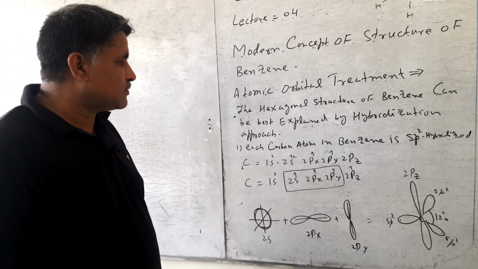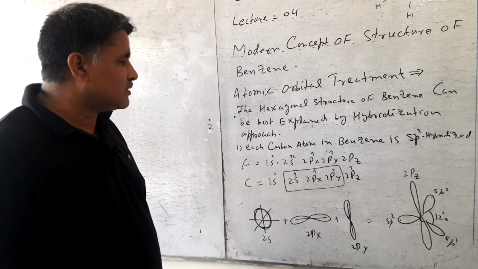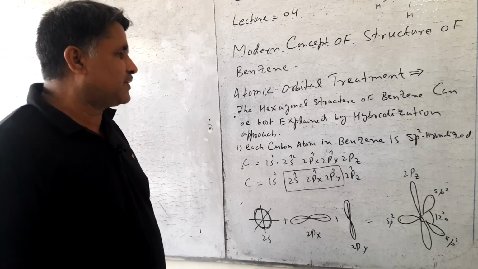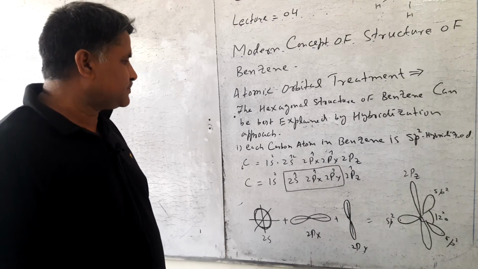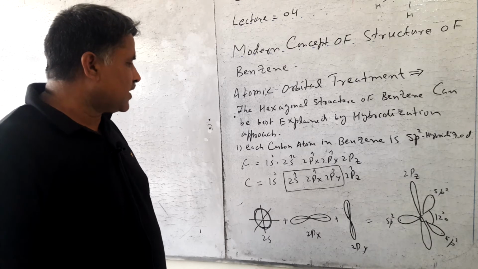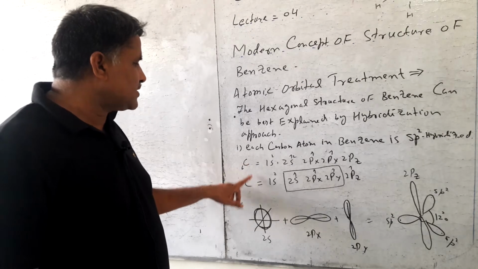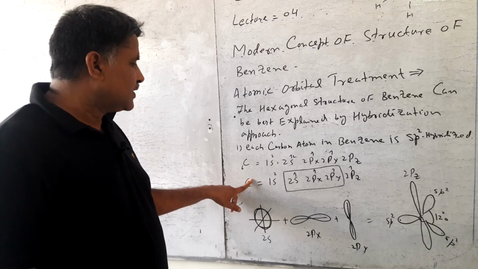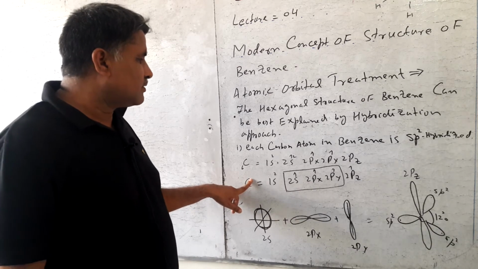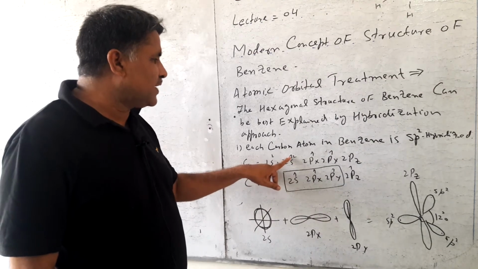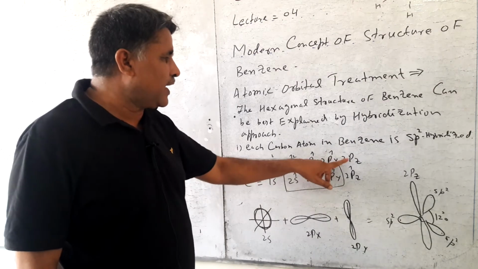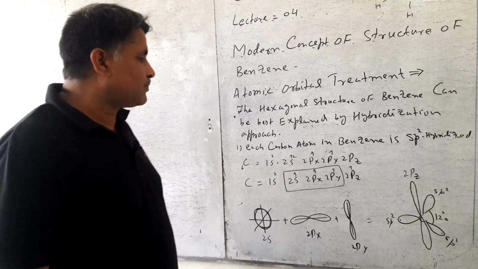According to this electronic configuration, carbon should be divalent, but carbon is tetravalent. So the carbon atom comes into the excited state. In the excited state, before hybridization, 1 electron from 2s is promoted to the empty 2pz orbital.